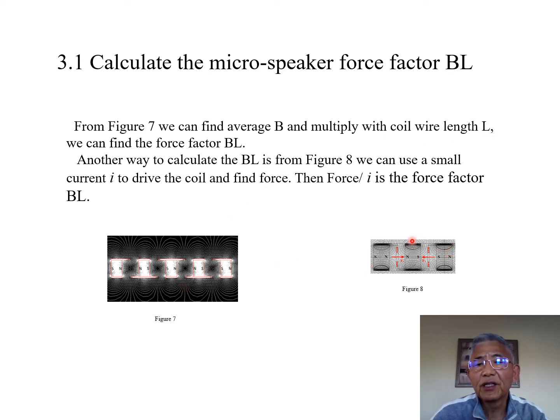And in Figure 8, you can apply a current in the coil. Then using FEA calculate the Lorentz force. Get the force, divide this value by I, the current, and you get the force factor BL. So you can average these two values, then get the BL.